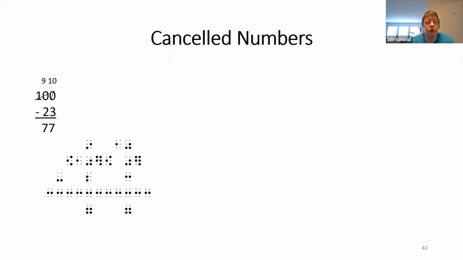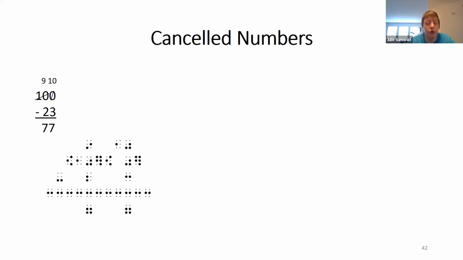So in subtraction with canceled numbers, we still need to put that minus sign 1 cell to the left of the widest arrangement. So that sticks out and is not in the way of anything else. The cancellation indicators also need to be aligned. So we can't have digits under those cancellation indicators.